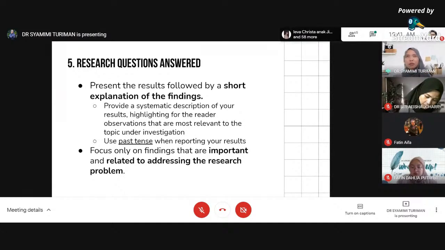But if it's a content analysis, normally the students will have a short introduction and straightaway begin with answering the research questions. So these are different patterns that we can see in different types of research, right?